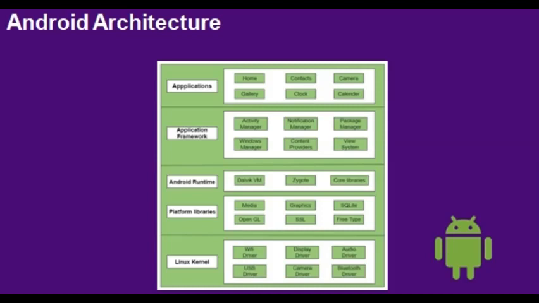This is all the task of the view system. Now let's talk about the activity manager. This is where the user interacts with the app, like whether to start the application, stop the application, launch the application, and so on. All the user activities are managed through the Activity Manager.